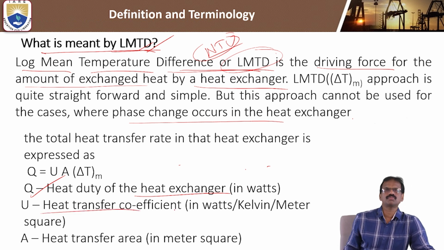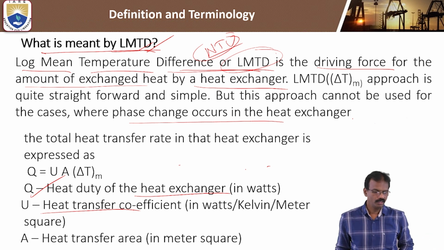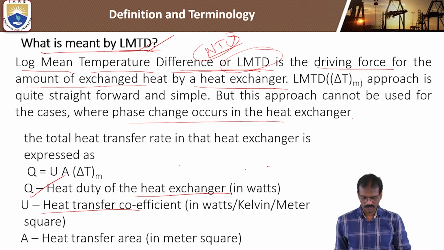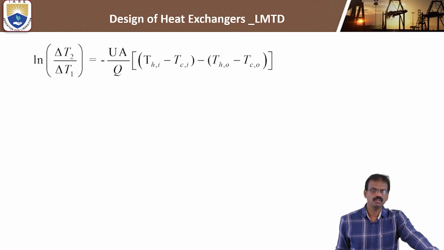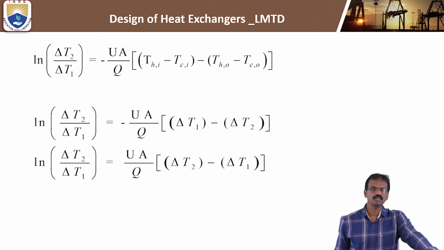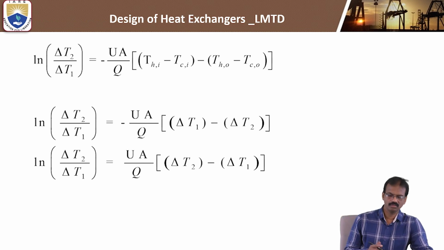U is the overall heat transfer coefficient. Next, A is the heat transfer area. So this is the formula for finding the rate of heat transfer in a heat exchanger.